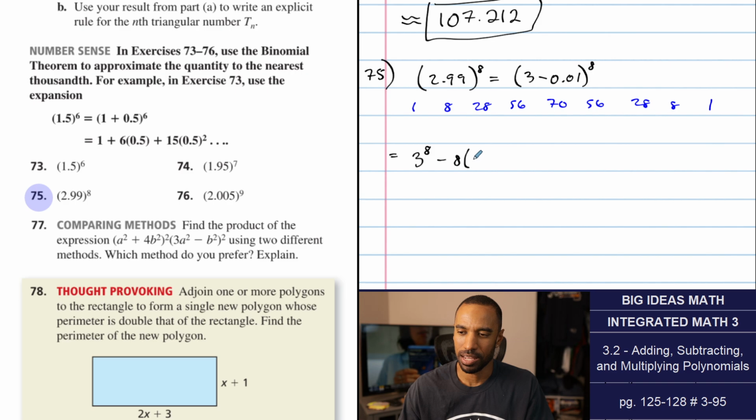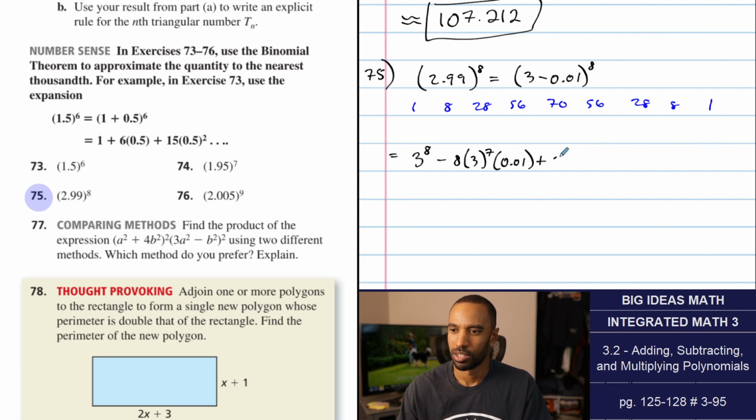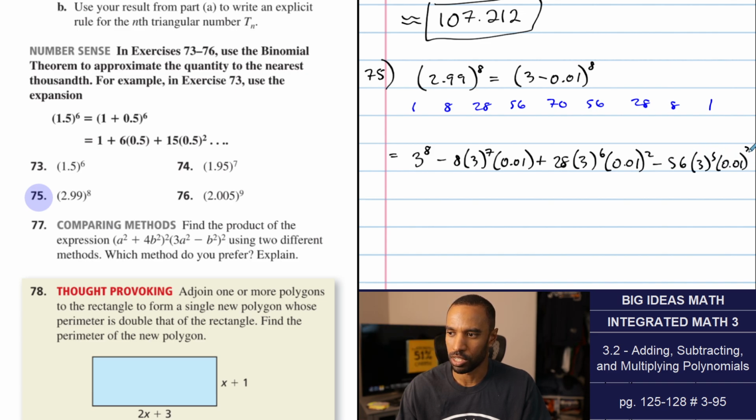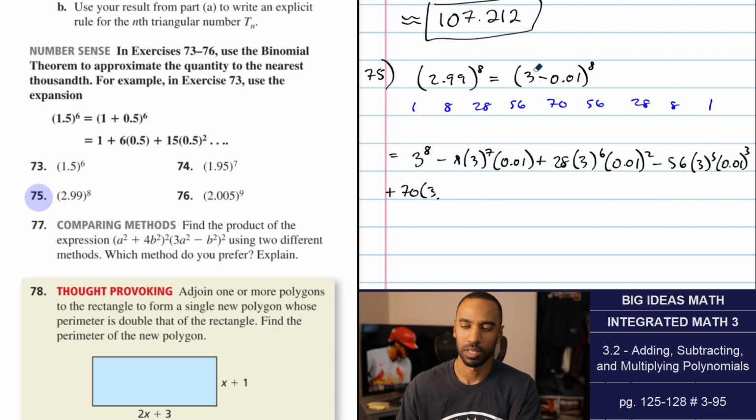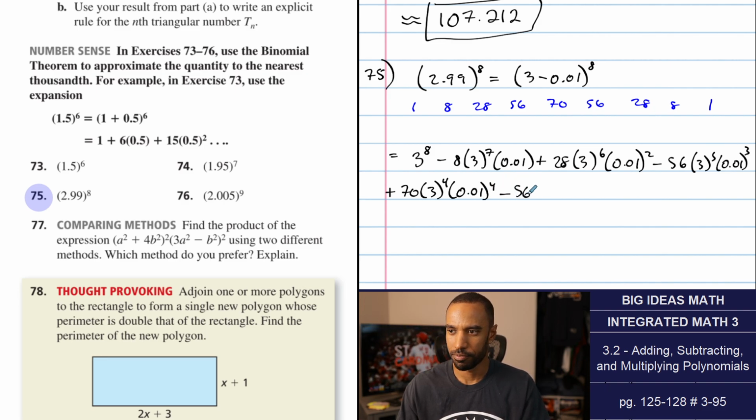minus 8 times 3 to the 7th times 0.01 plus 28 times 3 to the 6th times 0.01 squared minus 56 times 3 to the 5th times 0.01 cubed plus 70 times 3 to the 4th times 0.01 to the 4th minus 56 times 3 cubed times 0.01 to the 5th.